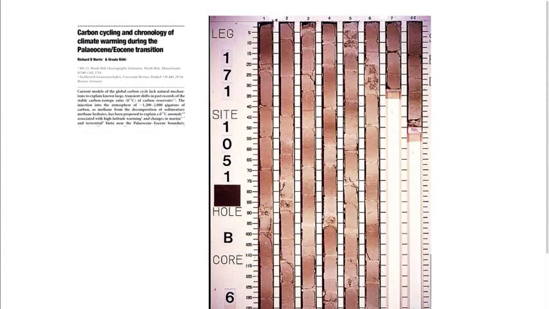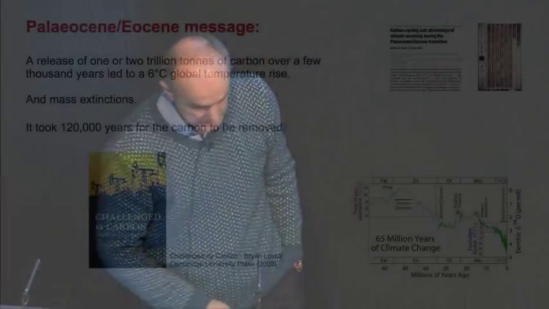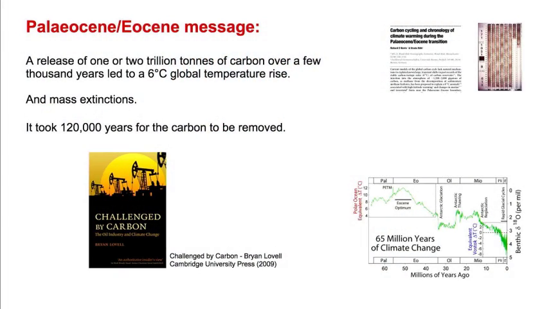And this has recently been analyzed in far more detail, again using Fourier analysis to get the timing information of what was going on here. It's a spike in temperature. What happened? Well, let me just summarize what is believed to have happened here. It's believed that there was a natural release of 1 or 2 or maybe 5 or 7 trillion tons of carbon over a fairly short time, only a few thousand years.